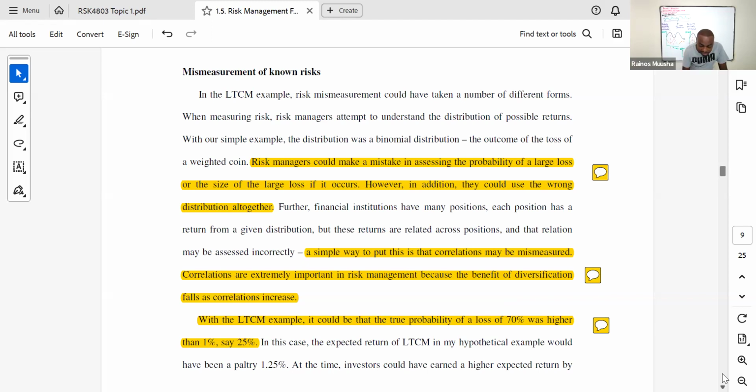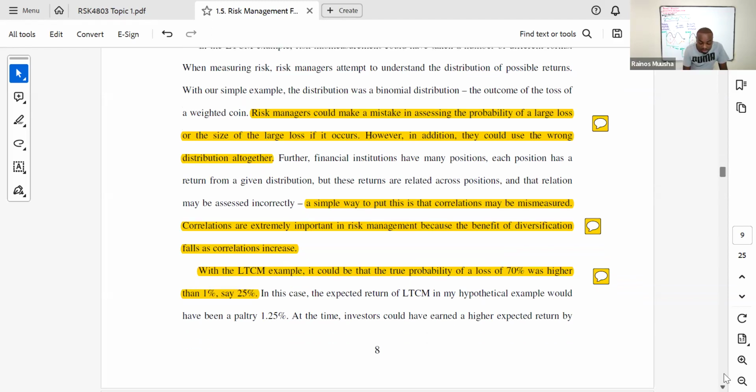So that's the first case where you can say there was a risk management failure.